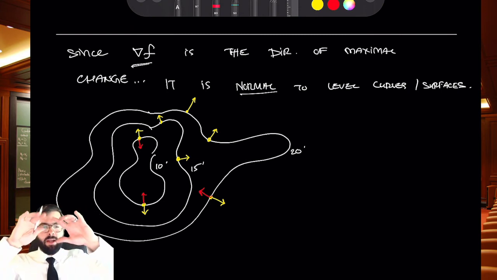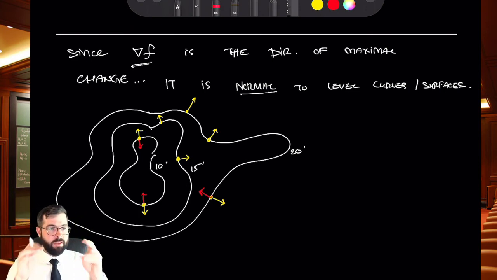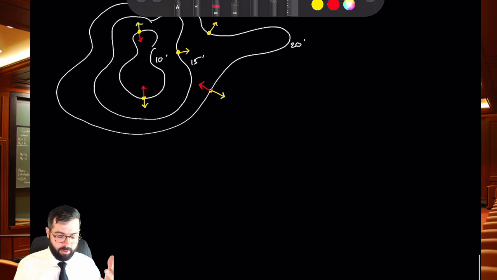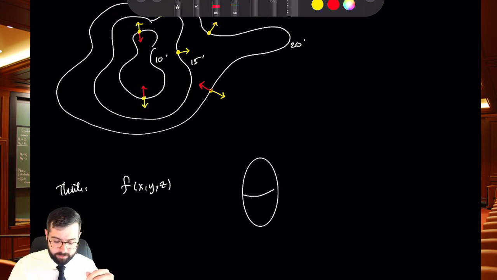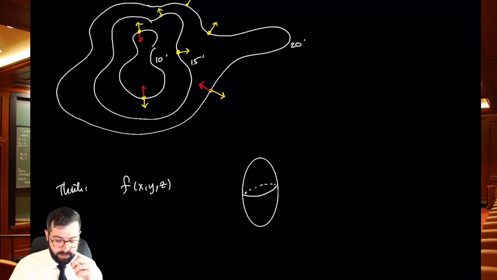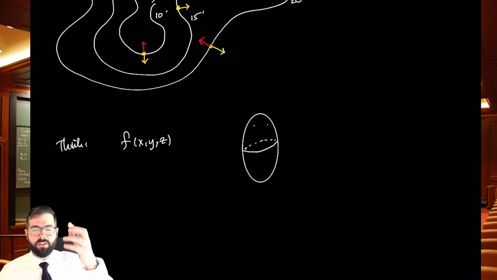And if you think about it now in 3D, we had a three-dimensional surface, a level surface, which means I really have this four-dimensional function, right? Think for a moment. I have some function f of x, y, z. So it might be like an ellipsoid or something like this. This is my input space, and then it's assigning a value to each of these, like a temperature.